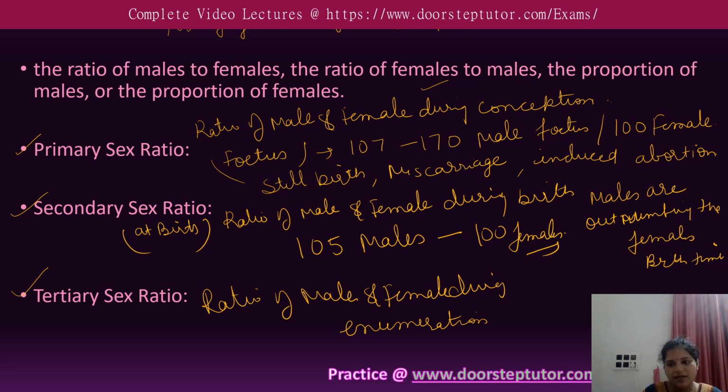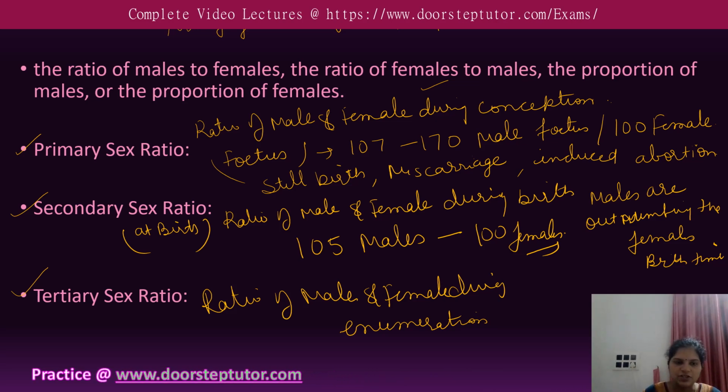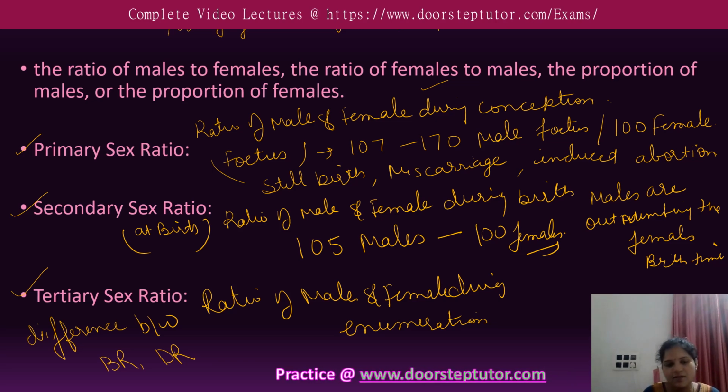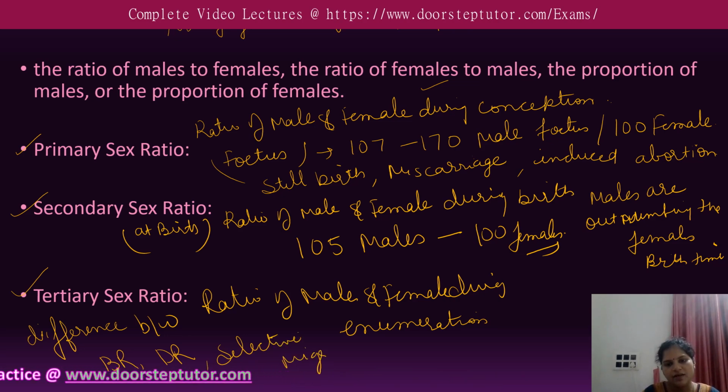But several other effects can alter the tertiary sex ratio, and these are the differences between birth rate, which is the impact of primary and secondary sex ratio, death rate, like if females are surviving more than males, and selective migration, whether females are migrating in more number or males are migrating in more number.